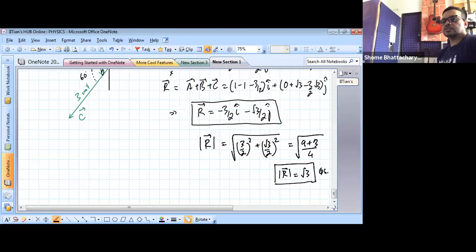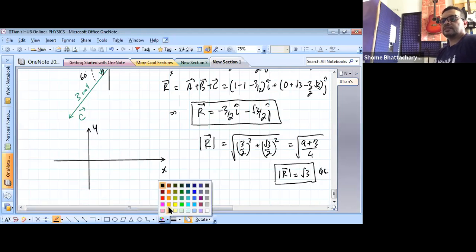And also you can see how the resultant is looking in comparison to the vector E. So the vector E was I cap like this along the x-axis. So the vector R is somewhere here now.